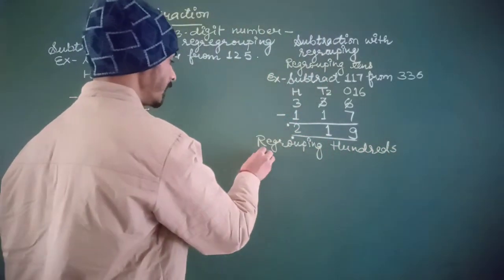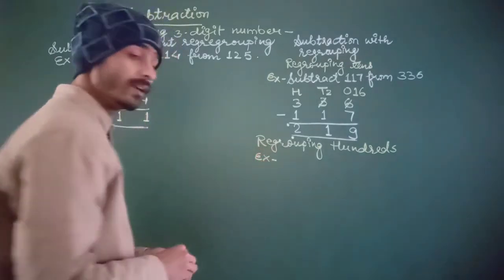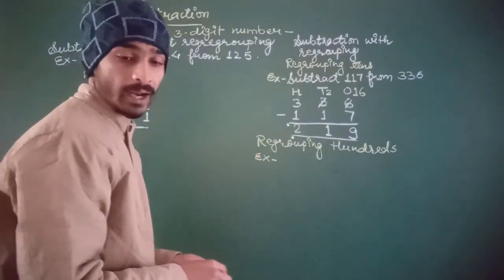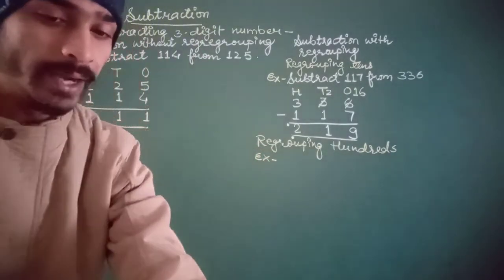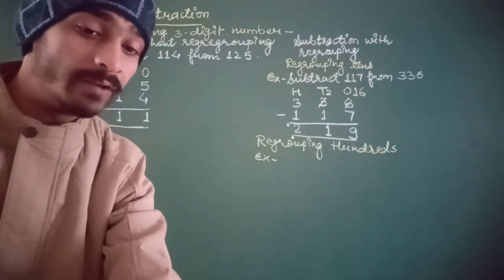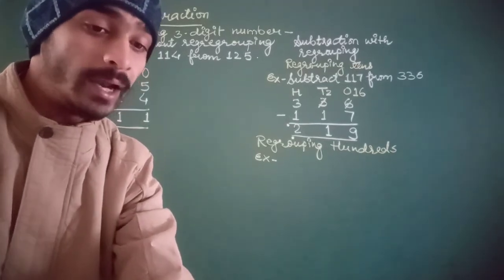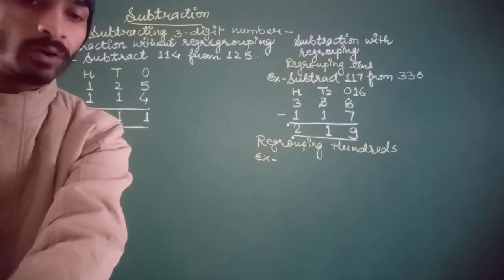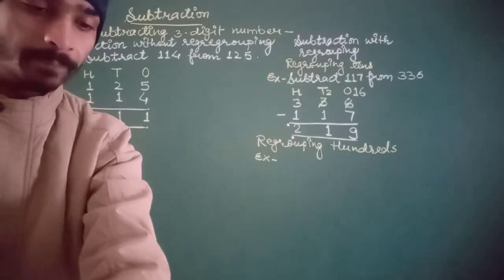Okay, there is an example given. What is it? Regrouping hundreds: subtract 181 from 455.